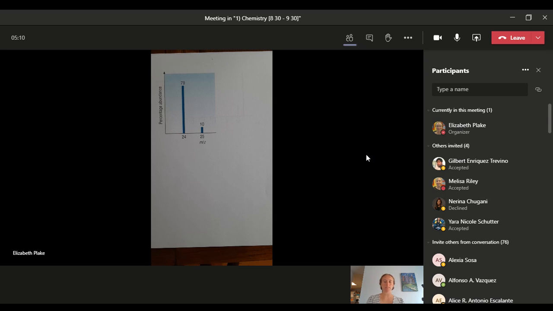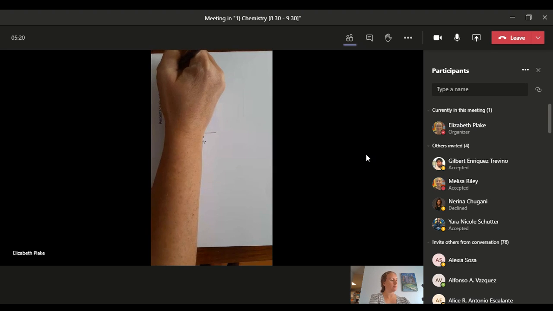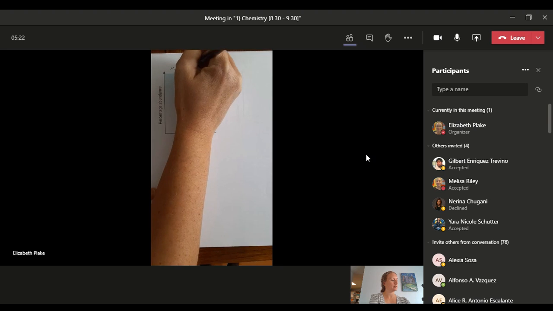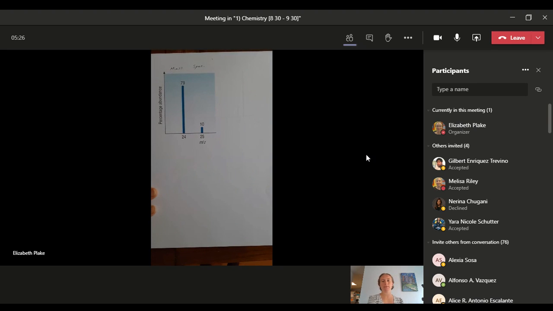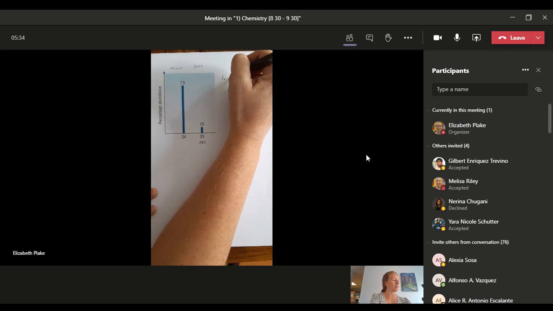For each of the practice problems, we are going to be looking at a mass spectrometry graph. So this picture here is a mass spectrometry graph. I'm going to write at the top, mass spec as an abbreviation. And for each of these graphs, we are going to be calculating 3 things. First thing we are going to be calculating is the relative abundance.